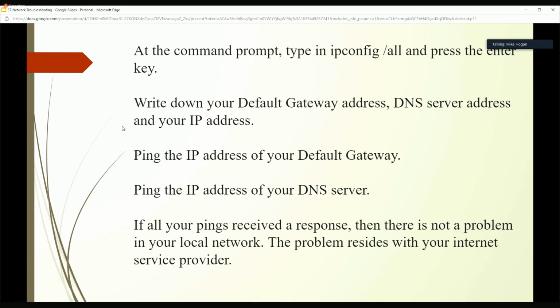One of the things you can do, let's say it's a DNS server issue, if you can't get to a URL because it can't resolve the URL to an IP address, then you can always use an IP address instead of the name, right?